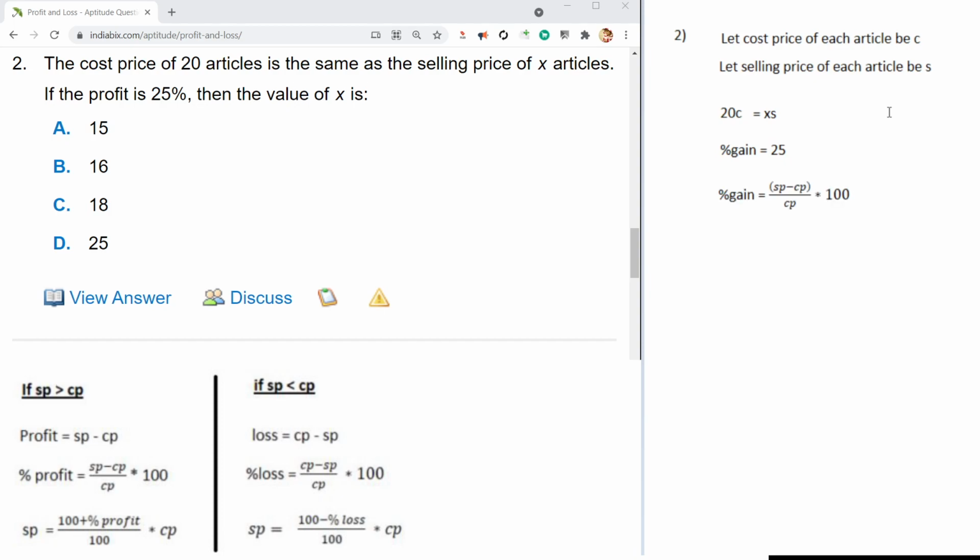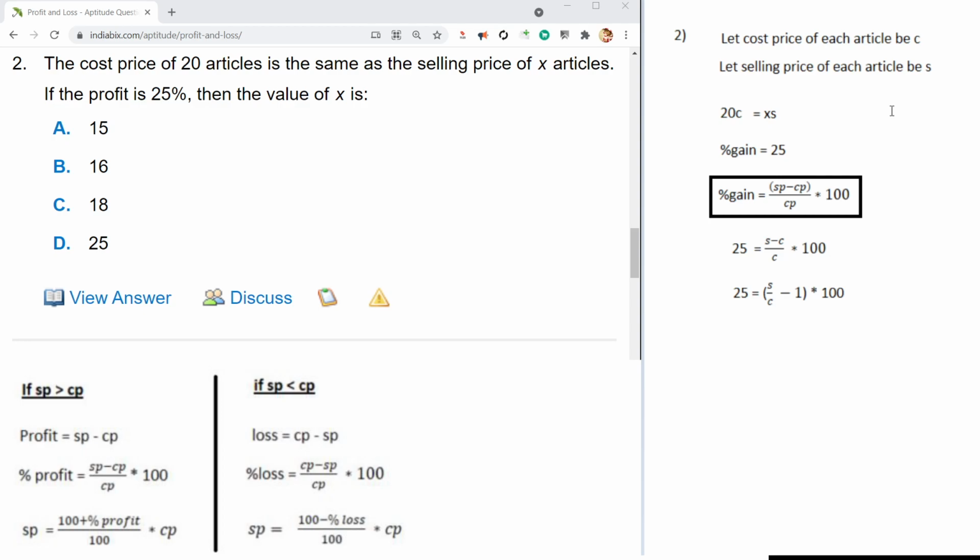We know the percentage gain formula as (SP minus CP) by CP into 100. If you substitute the percentage gain and the SP, CP values, we get 25 equals (S minus C) by C into 100. Then we can rewrite that as 25 equals (S by C minus 1) into 100.